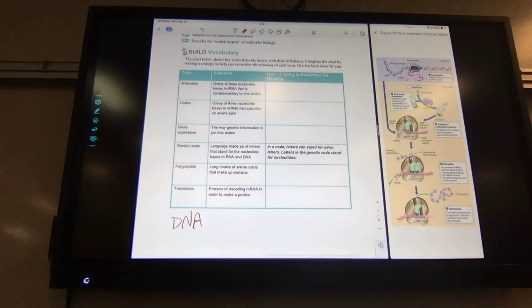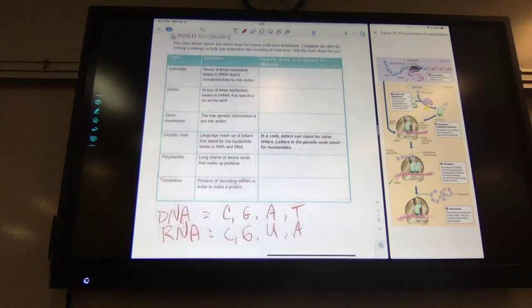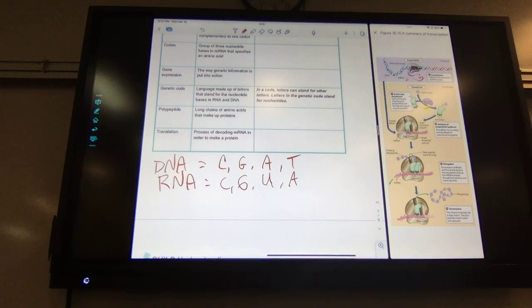I'm going to write down in DNA, there's a letter C, there's a letter G, there's a letter A, and there's a letter T. In RNA, there's a base of C, there's a base of G, and there is no base of T. It's replaced by a U. So these are the base pairings. There's no T in RNA.